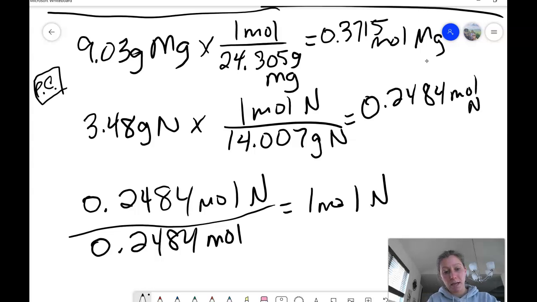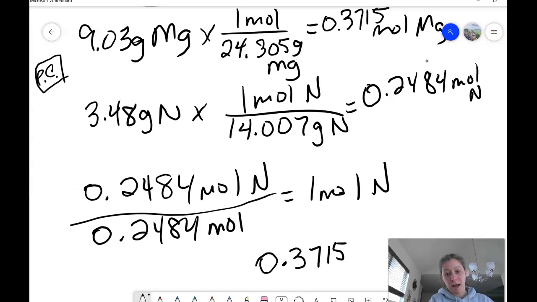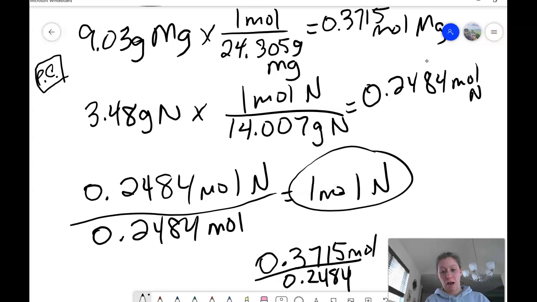You're going to then take your smaller number and use that to find how many times more does the larger element, in this case magnesium, go into that smaller number. So in this case, it's a 1-to-1 ratio for nitrogen, obviously.